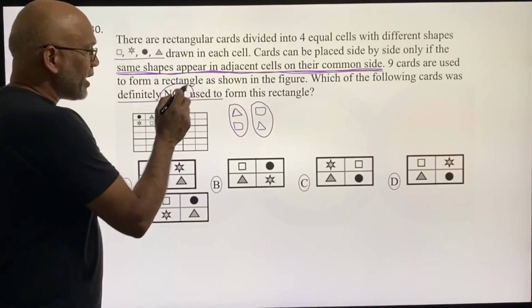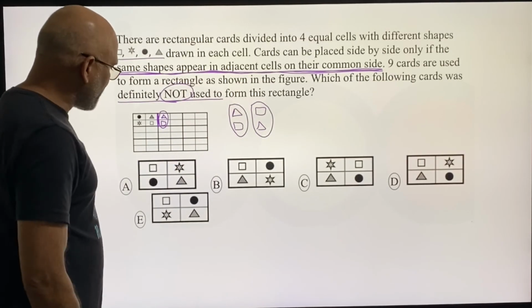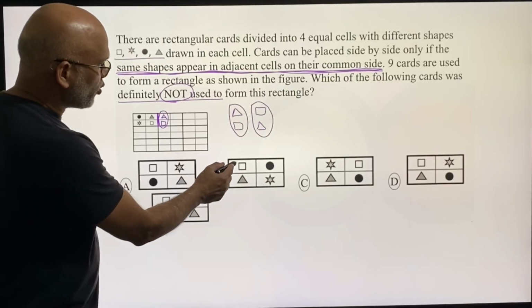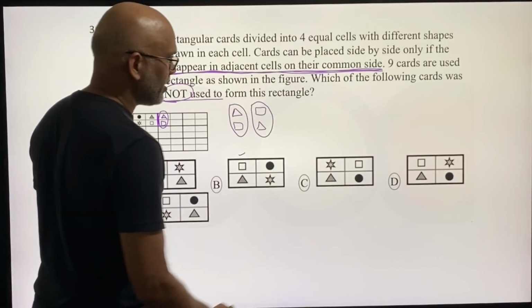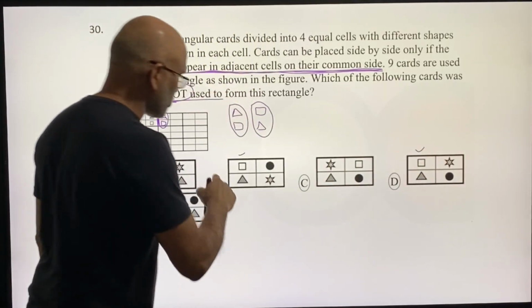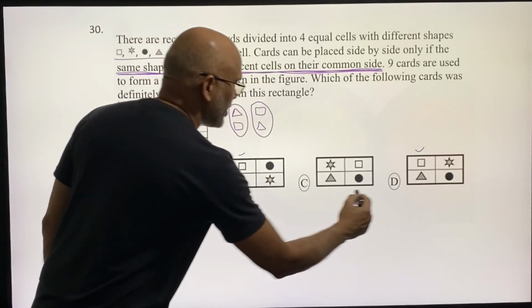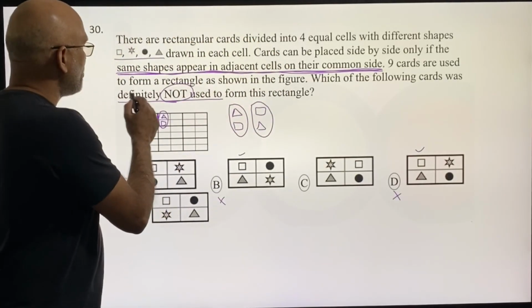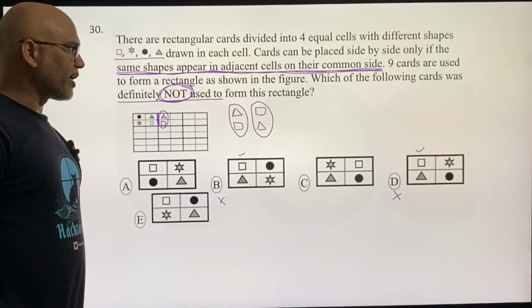Now if that is the case, which of the cards allow this configuration? We can see that square and triangle, this one, and square and triangle, this one. So these 2 cards can then be used. So these are not valid choices, because we want to find the one that is definitely not used to form the rectangle.